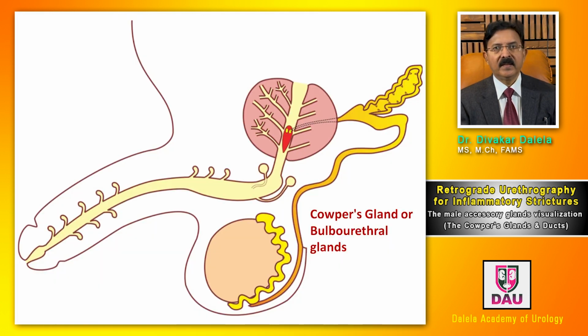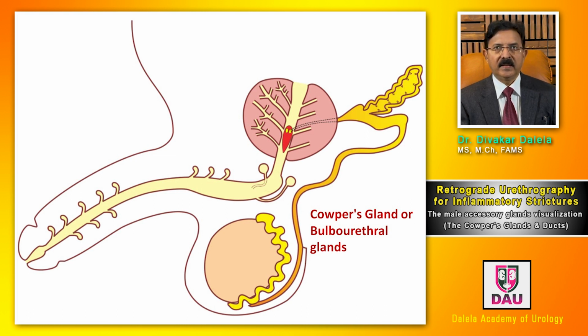If you look at the anatomy of the urethra and the genitalia, that's how the male accessory glands are arranged around the urethra.